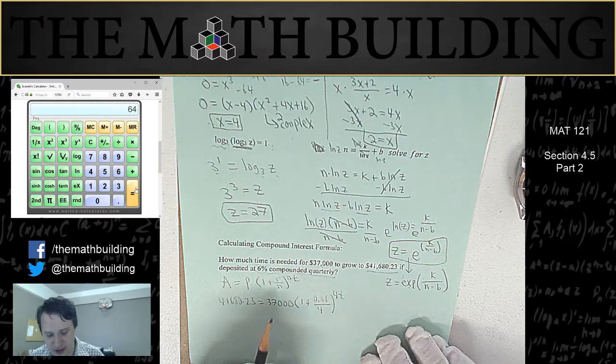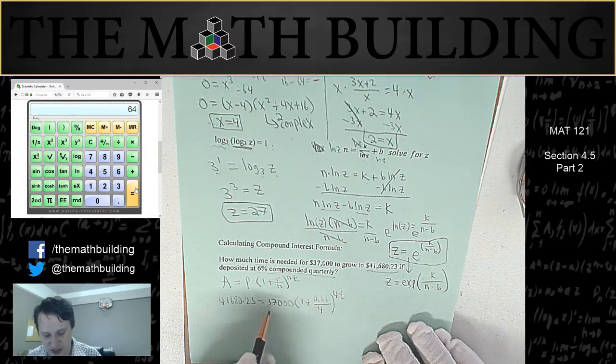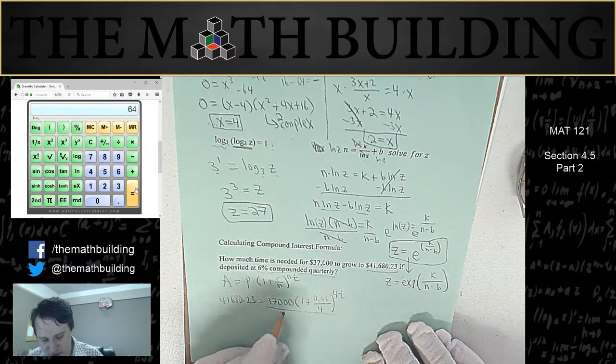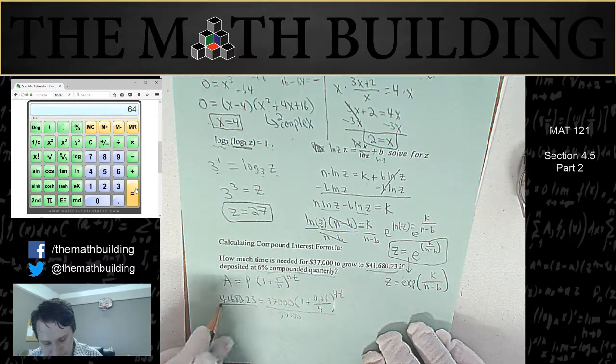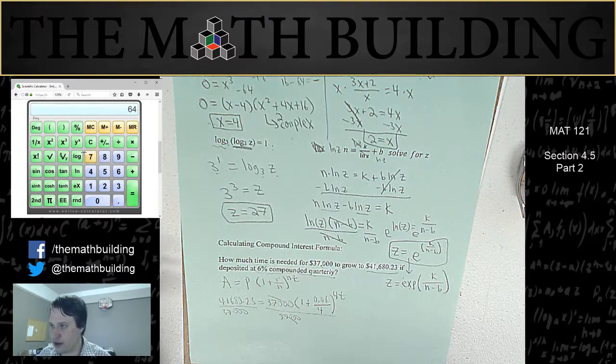Wow, okay, so let's do that. So what do you think is the first thing we should do? Let's start by just moving this 37,000 over. Divide both sides by 37,000. So I'm going to do that in my calculator. 41,680.23 divided by 37,000.